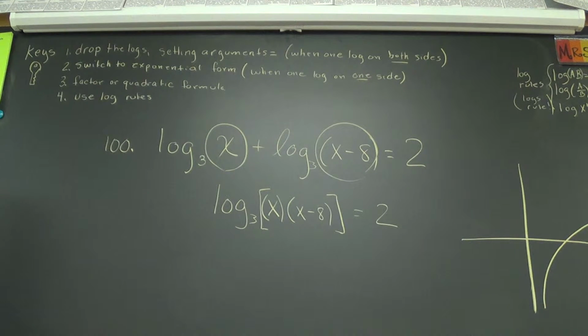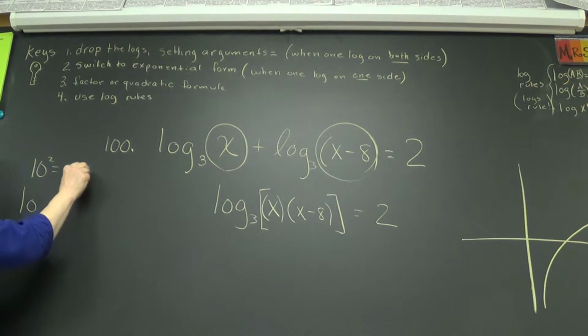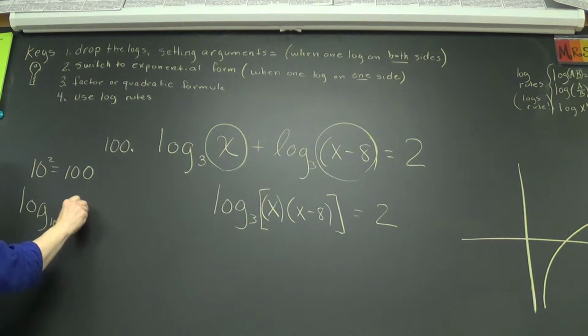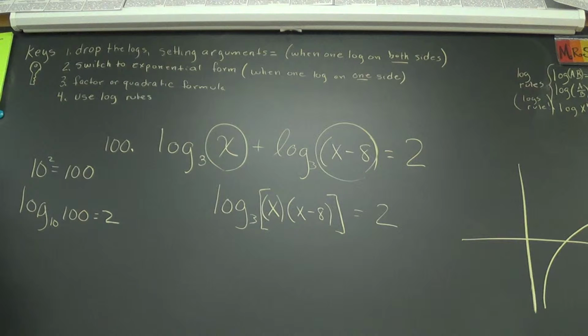Not quite, because I always go back to this one which I know, and that is log to the base 10 of 100 is 2. So it's always going to be this number raised to this one equals this one. So could you try that again? So 3 raised to 2.